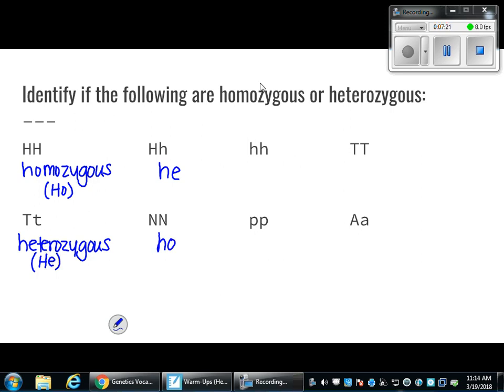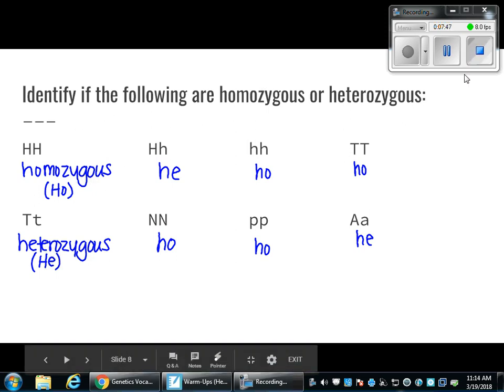Little h, the same, homozygous. Little p, the same, homozygous. Capital T, exactly the same, homozygous. Capital A, little a, these are different. One's capital, one is small, so that would be heterozygous. Okay, so if they're the exact same, homozygous, if one is capital and one is small, that is heterozygous.